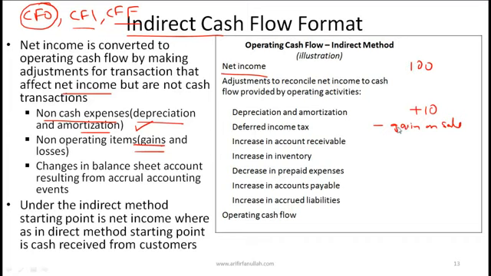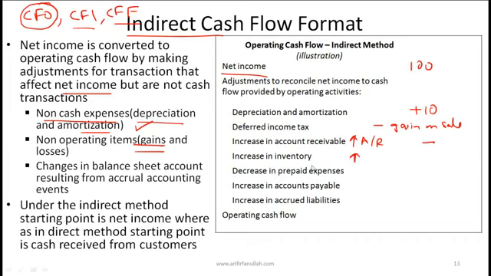That will be considered in investing cash flow. And like you've learned before, if there's an increase in accounts receivable, that needs to be adjusted. An increase in accounts receivable means that it's a use of cash. So any increase in accounts receivable would be subtracted.